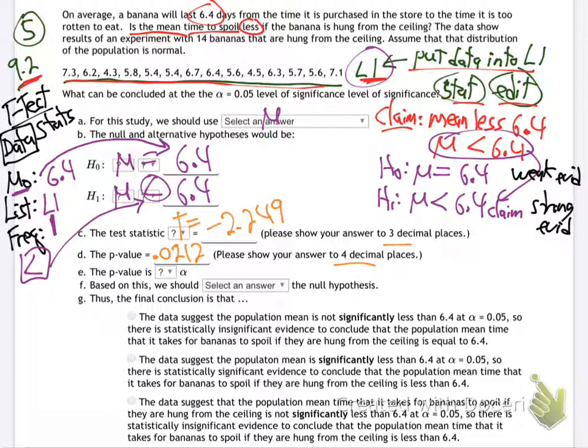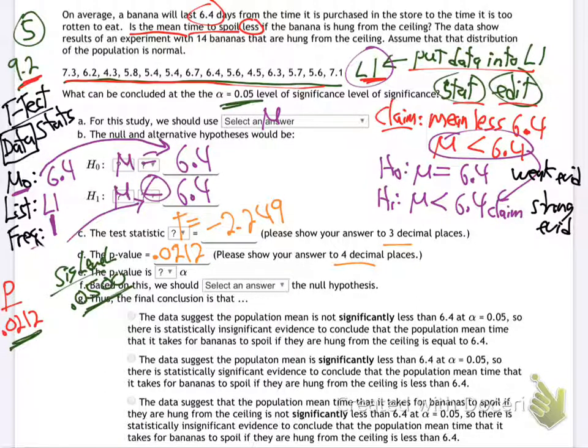Okay, so now it's time to draw a conclusion here. So remember what we do. Let me get rid of this so we have a little more room. We put the p-value, which is 0.0212, and then we put right beside it the significance level. That is right there, 0.05. Just add a couple zeros so they're easy to compare, same number of decimal places.